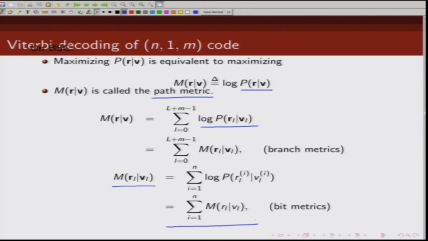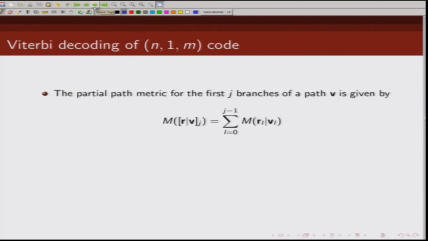So, you can see we can conveniently write the path metric as the sum of branch metrics, and the branch metric we can write as the sum of these bit metrics. Similarly, we can define a partial path metric for up to the jth branch of a path V as the summation of branch metrics up to the jth branch. So, this is the path metric computed from 0 to j minus 1. This is what we are defining as the partial path metric.